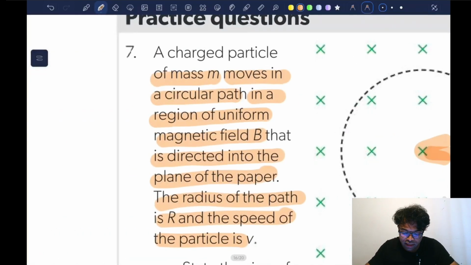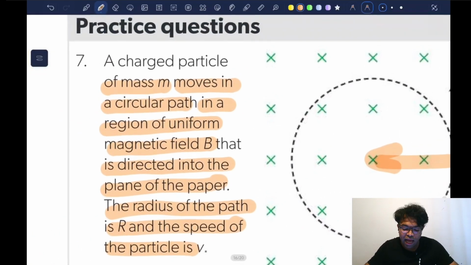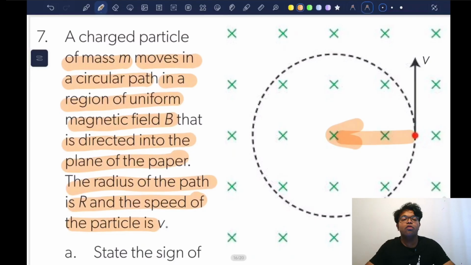Have they given us whether it's a positive charge or not? No, they haven't. So we can write our answer in such a way. If the charge is positive, then the charge is moving in an anti-clockwise direction. If the charge is negative, that is, if it is an electron, then it is moving in a clockwise direction.